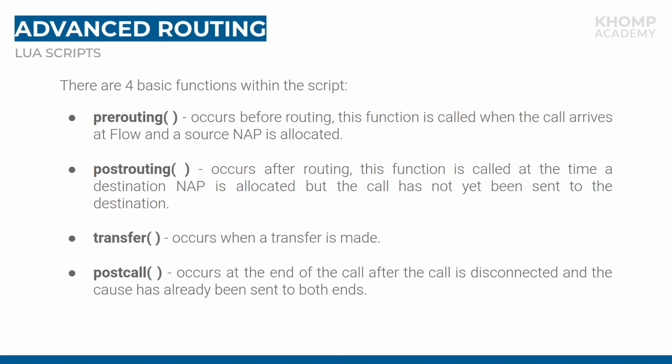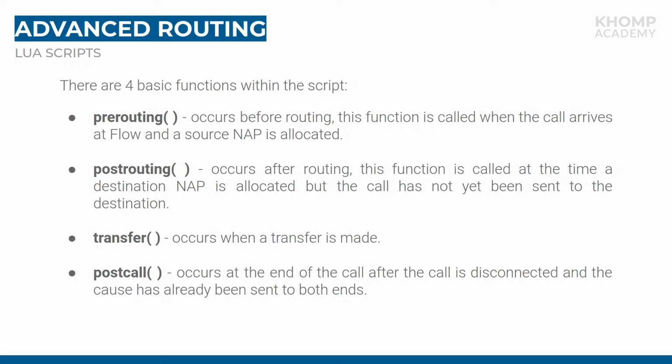This is pre-routing. Okay, post-routing. These post-routing scripts are the ones that will be executed once you define which route is going to take that call. You validate it: okay, it's valid, this call made a match with a route, but I'm still holding the call.